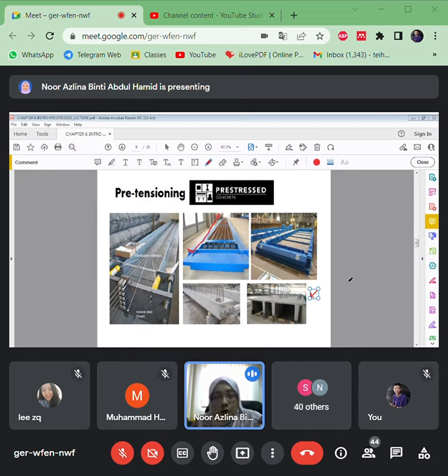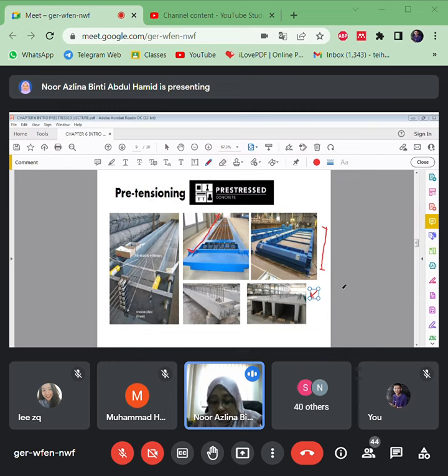Because pre-tension should be prepared at the factory, there will be limitations because of transportation. There will be limitations on size, length, and also shapes. It might produce standard shapes and standard lengths, in a way that is capable for transportation and so on.